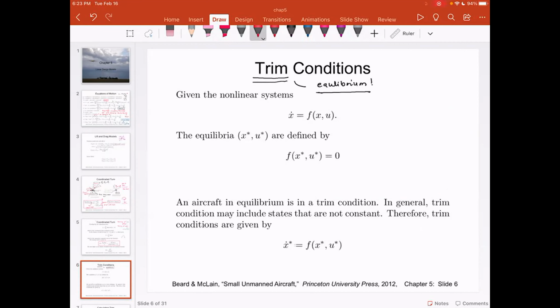Typically, when we look at equilibrium, that means all the forces and all moments, whether the object is in a static condition or a dynamic condition, are balanced.